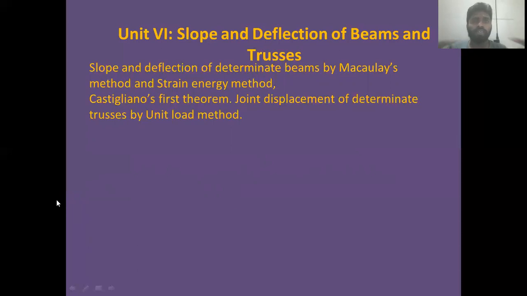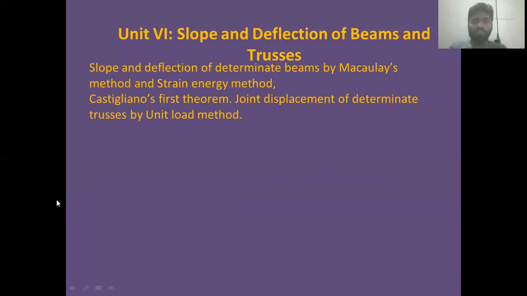And what do I understand by deflection? Deflection means by how much it will get bent. In short, we can measure the slope in terms of degrees, and we can measure the deflection in terms of centimeters, like that only.